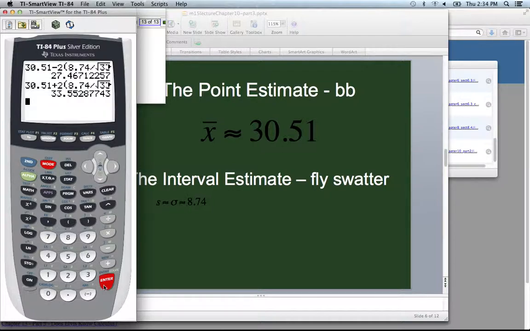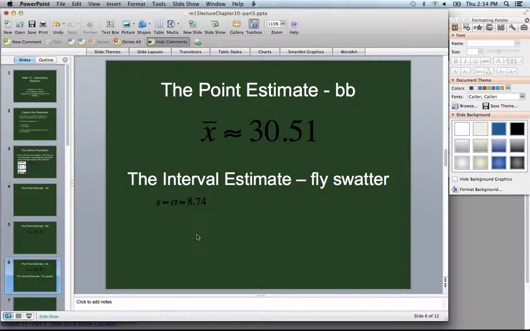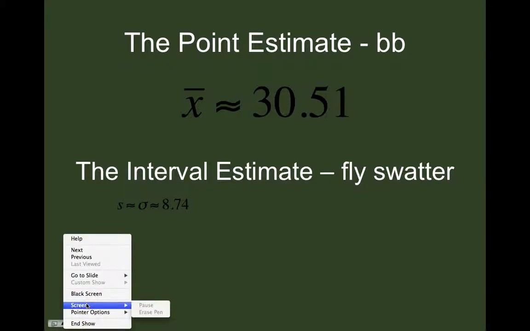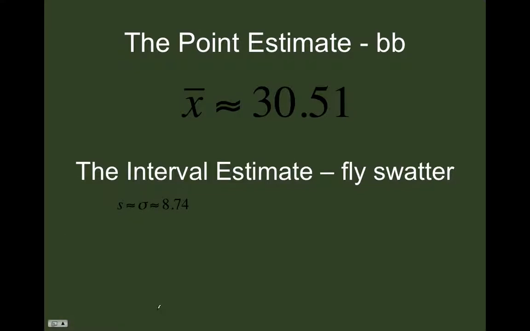So we're 95% confident the true mean is somewhere between, say, 27.4 and 33.5. And this is approximately 95% confidence.